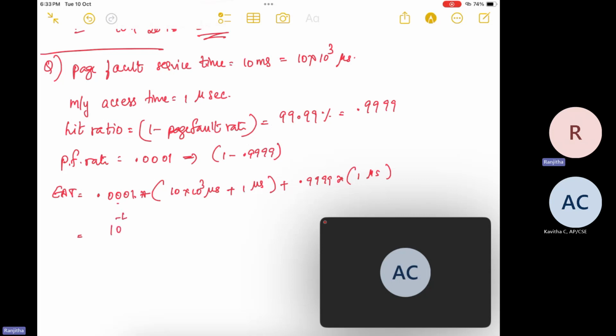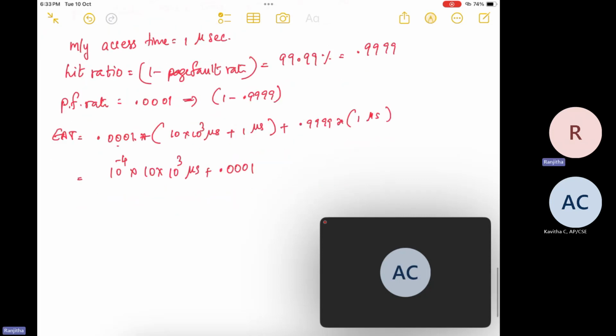So 10 power minus 4 into 10 into 10 power 3 microsecond, plus 0.0001 microsecond, plus 0.9999 microsecond, which these two add up to 1.